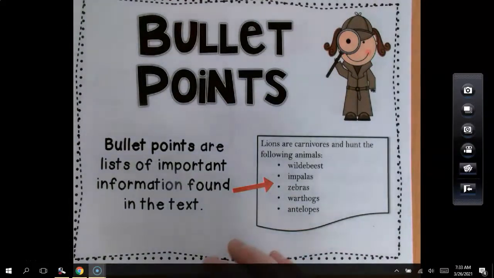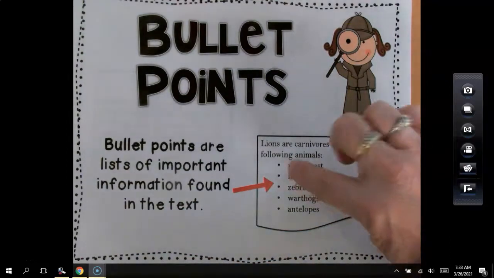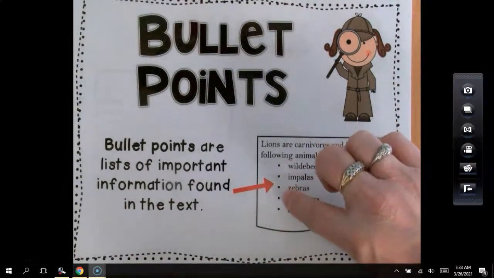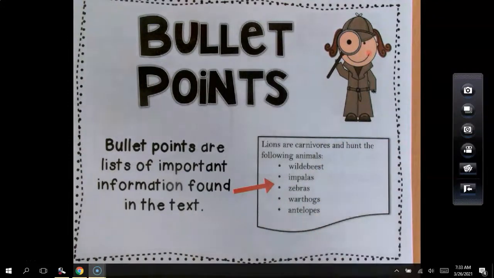Another one, boys and girls, is called bullet points. So these little dots right here, these are called bullet points. It just lists important information that's found in the text. Sometimes when you might do a graphic organizer, maybe when you're writing your thoughts, before you begin writing your complete sentences, you could make bullet points.